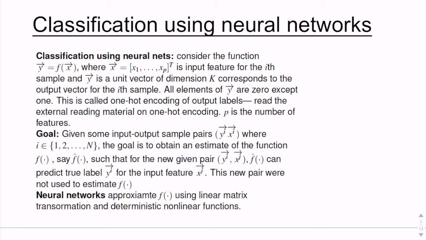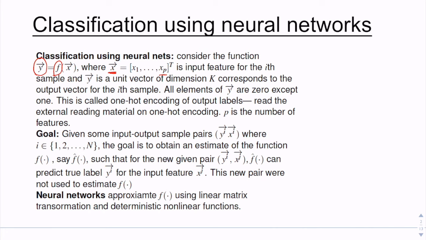However, contrary to the previous definition, where we map an input feature vector to a scalar, here the input feature vector is mapped to an output vector. So the input is a vector of dimension p, where p is the number of features, and then we apply a function, and this function will map it to another vector which is called y. The arrow at the top shows this is a vector.